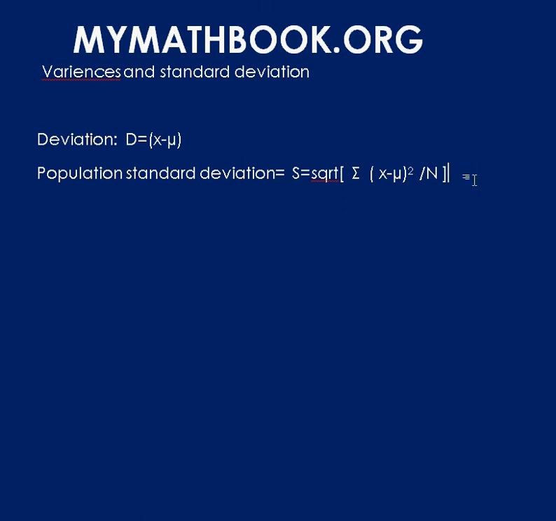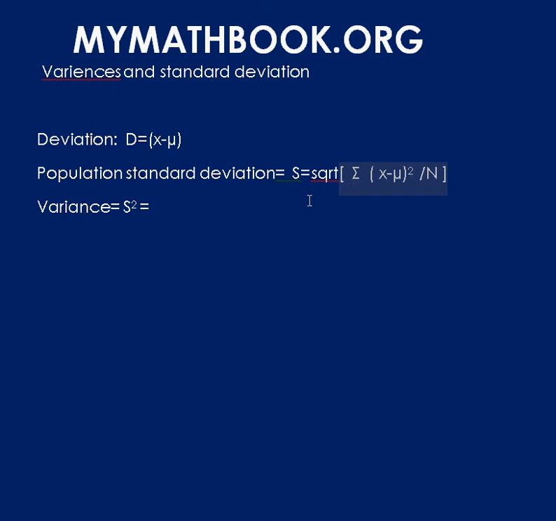Let's define what they call variance. The variance is also given as S, but this time the S is squared, and it's equal to, so once it's squared, the square root goes away, so it will have the same values as this one.